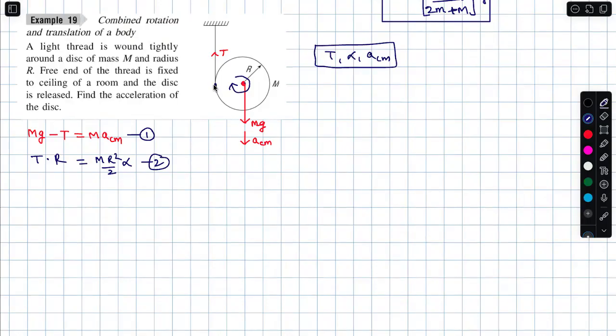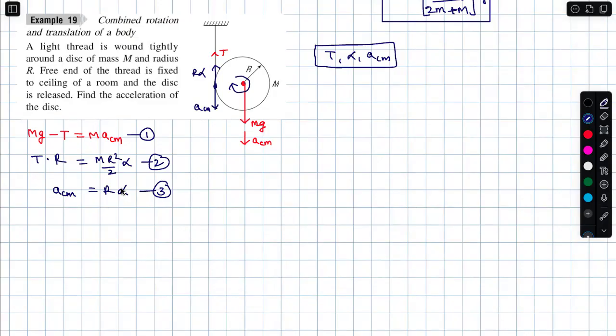For this disk, only due to rotation, you will have R alpha acceleration. Only due to translation, you will have ACM acceleration. Don't forget that is the same end of the string, and the above point is fixed. So therefore, ACM is equal to R alpha, equation 3.